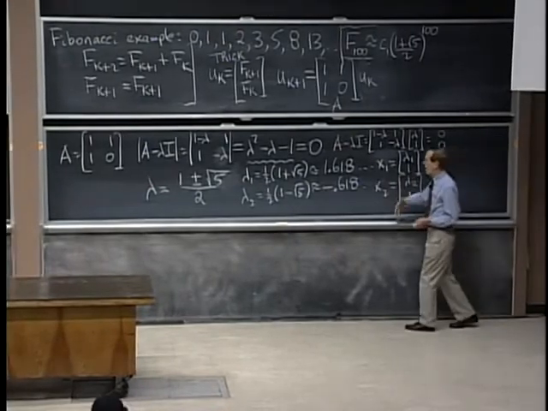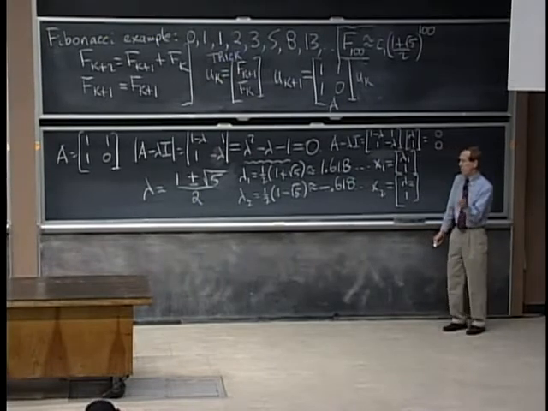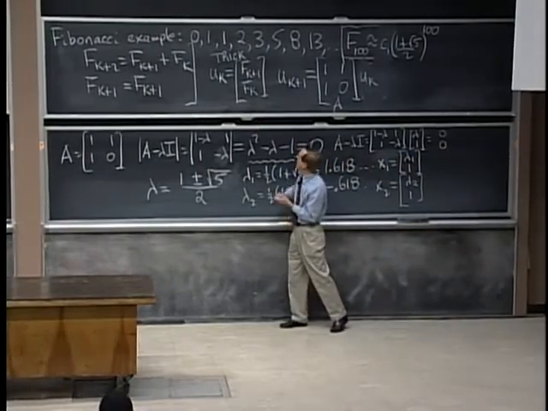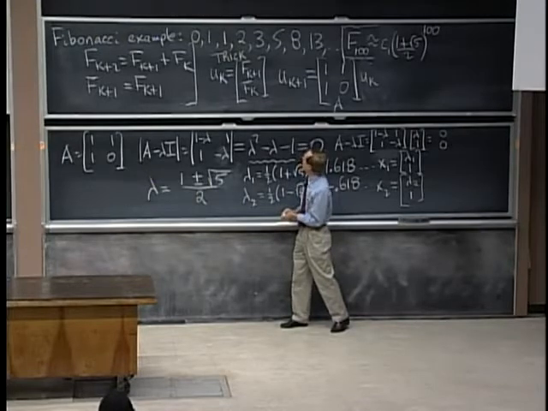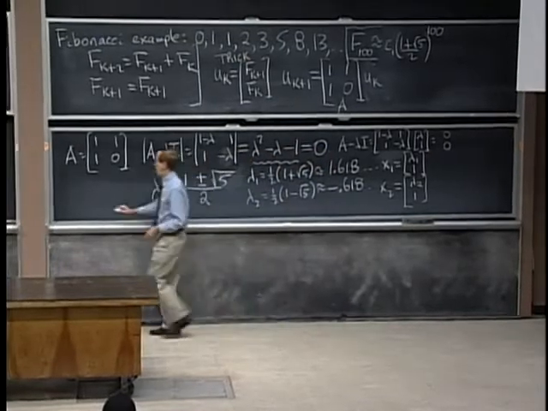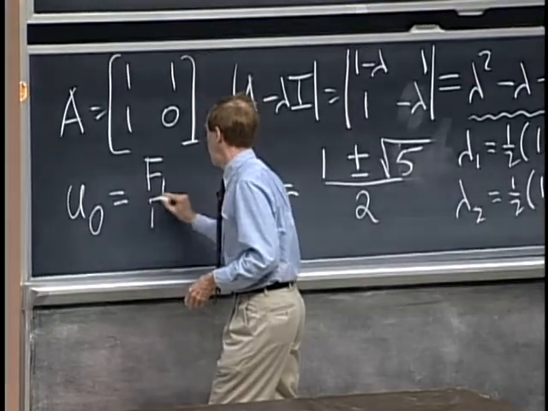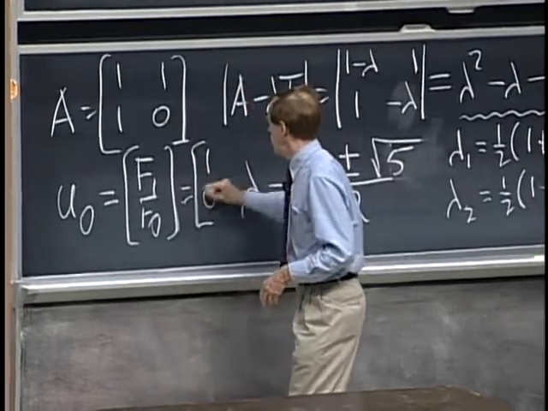So now I finally have to take the initial u0. To complete this example entirely, what was u0? u0 was (F1, F0). So u0, the starting vector, is (F1, F0), and those were 1 and 0.